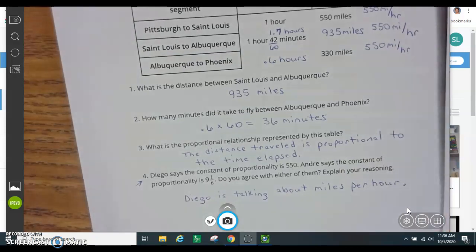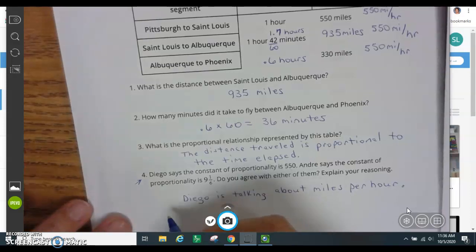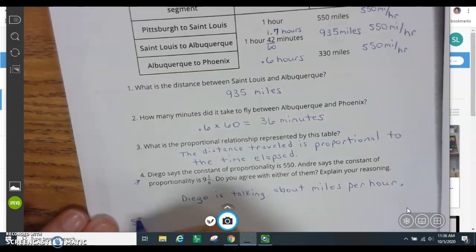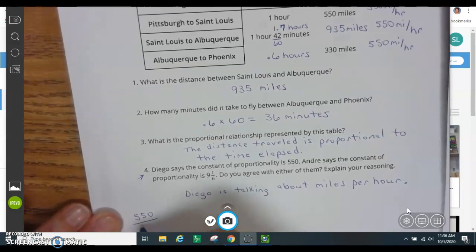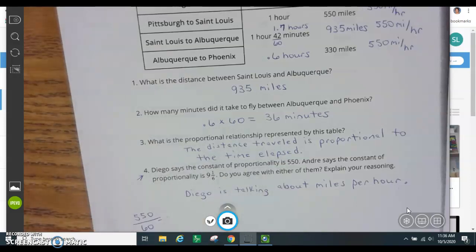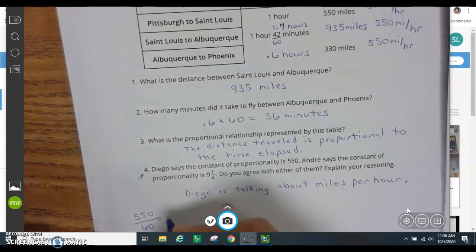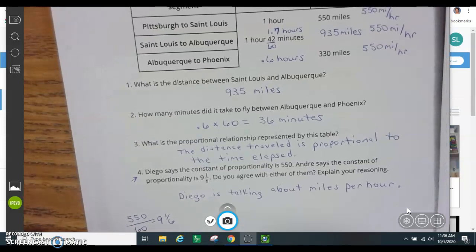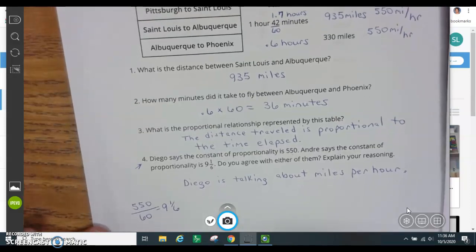What if we divide that by 60 and talk about minutes? 550 divided by 60 is 9 1/6. 0.16667 is 1/6.